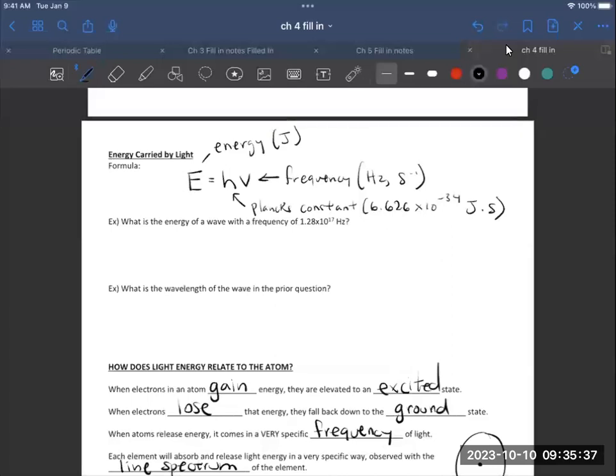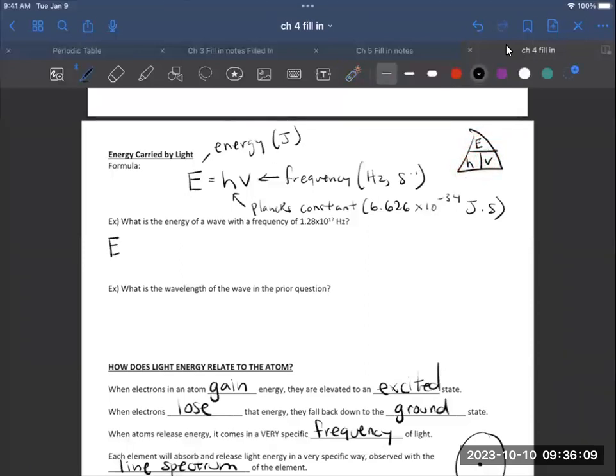Let's look at this first question. Guys, by the way, this can be a triangle, with E on top and h nu below, so there's your triangle to help you figure out how to do the homework. What is the energy of a wave with a frequency of this? If we're solving for the energy, cover up energy, and we get Planck's constant times frequency.